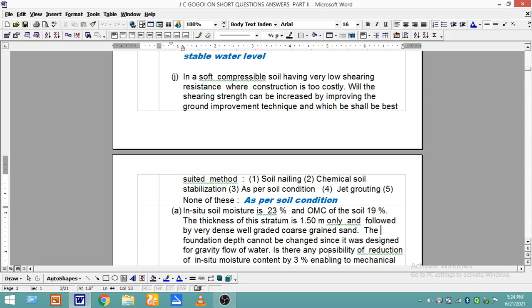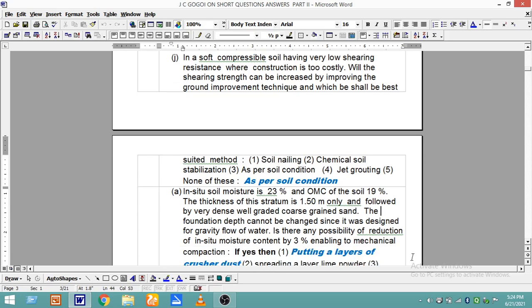Is there any possibility of reduction of soil moisture content by 3%? Because OMC is 19 and in situ is 23. If we can reduce 3%, then it will be very close to OMC.